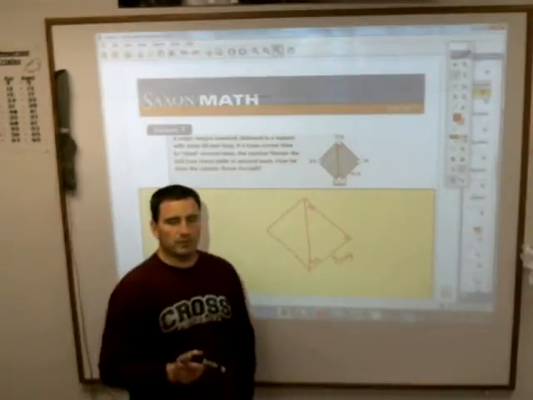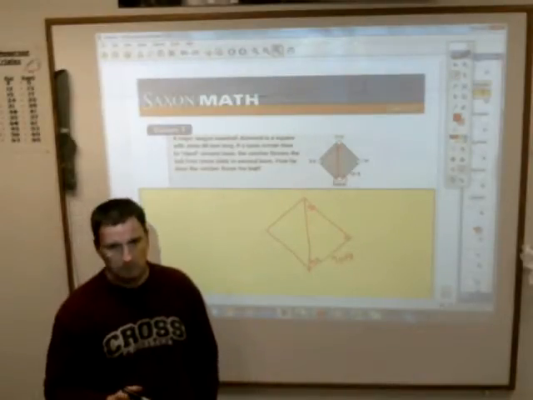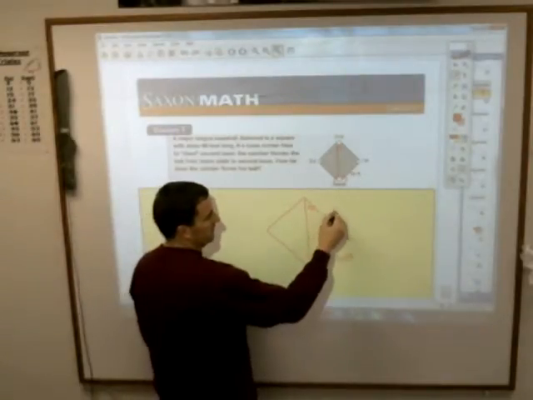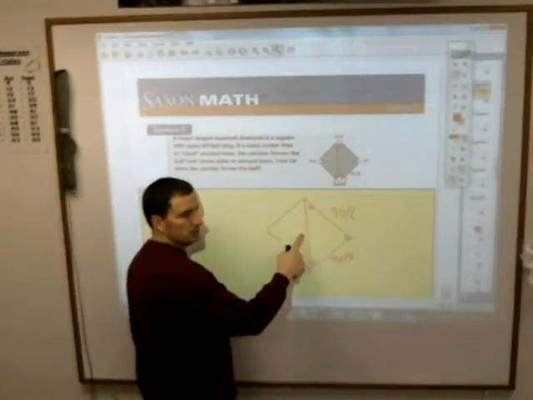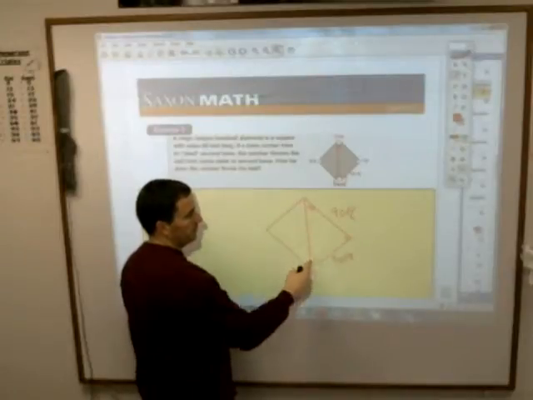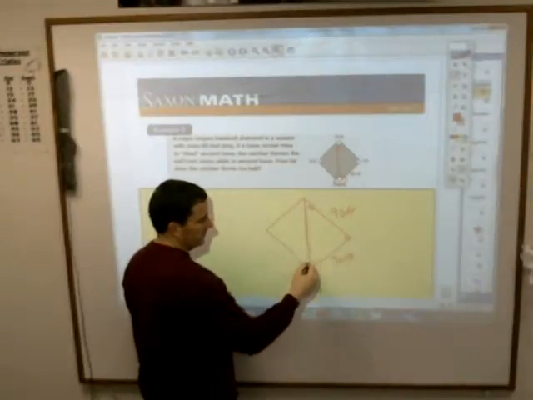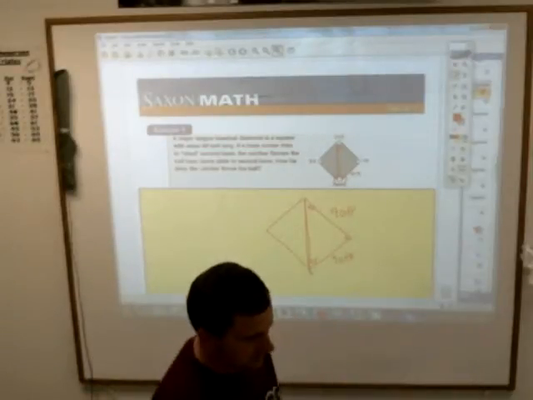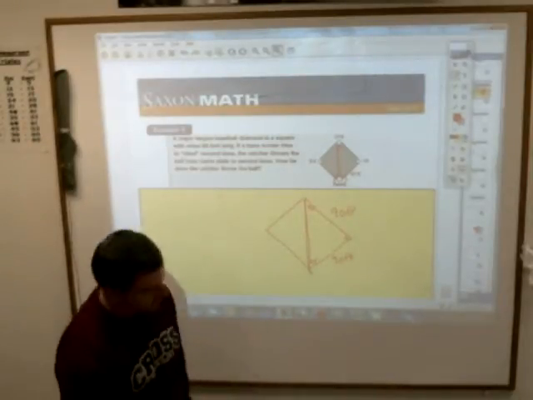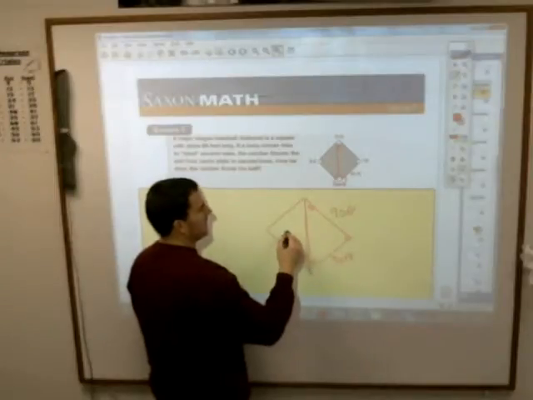And what do you know about 45-degree angles? That the two legs are the same. And what is the relationship between the legs and this side? We're only talking about this triangle right here. Look at the hypotenuse, look at your notes, what is it? Right, so this side here is 90 times the square root of 2.